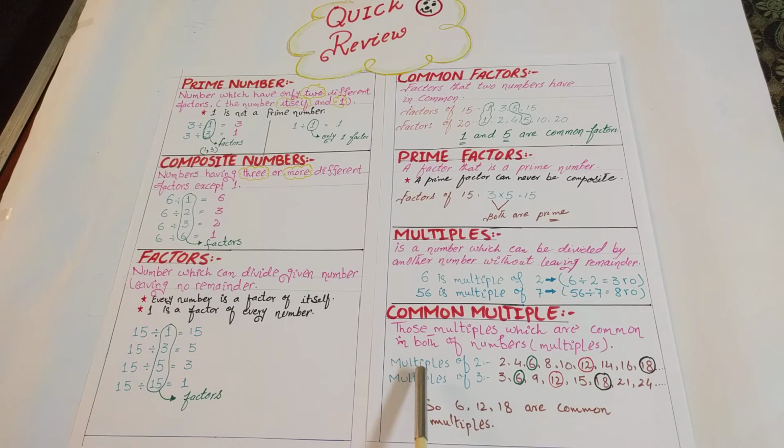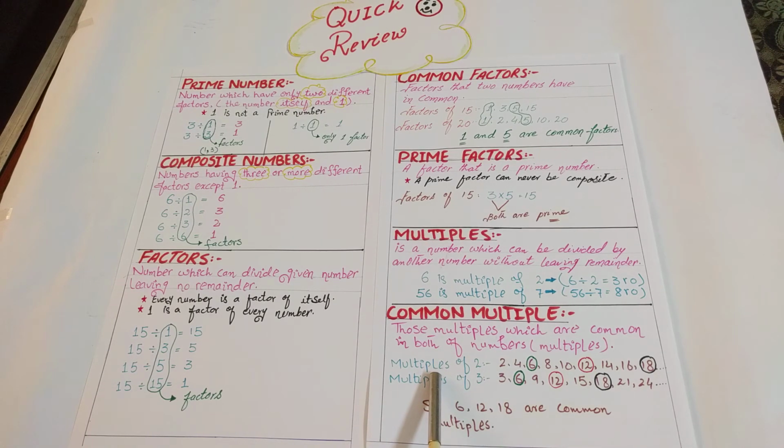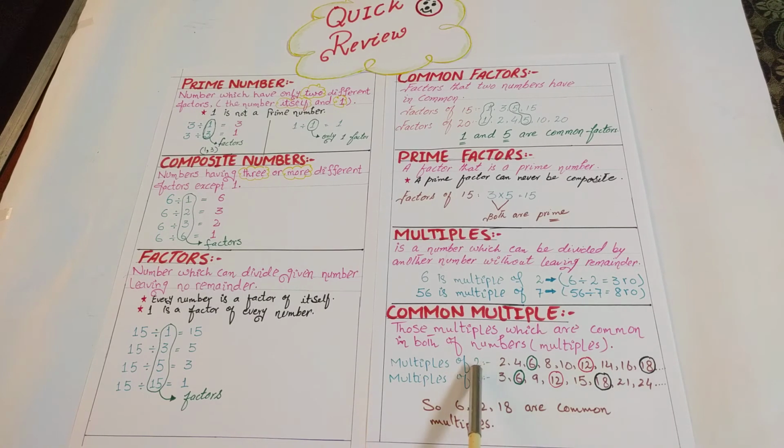Let's take an example, multiples of 2. Multiples actually means the multiplication table. Multiples of 2 are 2, 4, 6, 8, 10, 12, 14, 16, 18. I will stop here just for checking. 2 ones are 2, 2 twos are 4, 2 threes are 6, 2 fours are 8, 2 fives are 10.